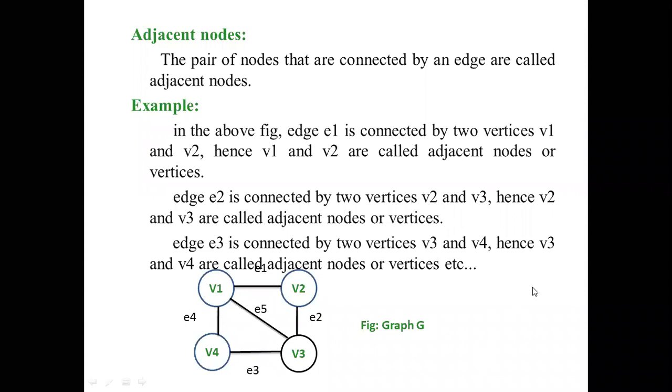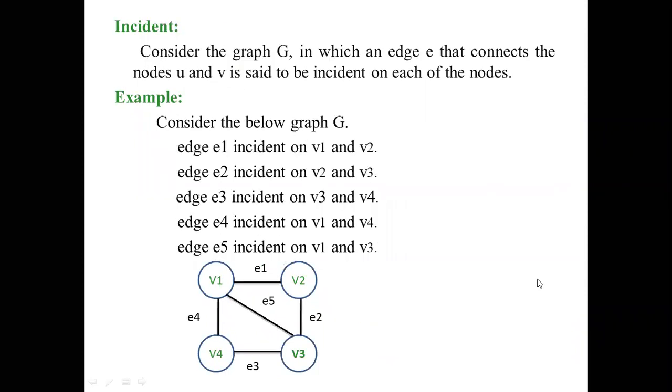Okay. Next one, incident. Consider the graph G in which an edge E connects the vertices U and V. The edge E is said to be incident on each of the nodes or vertices.